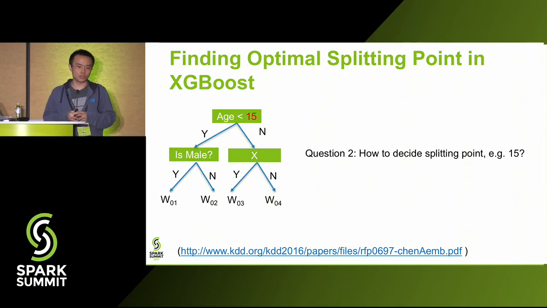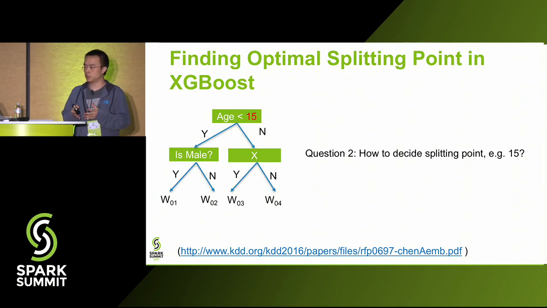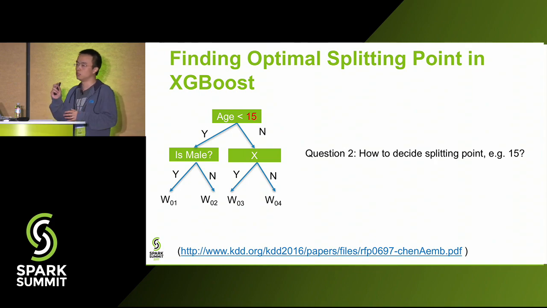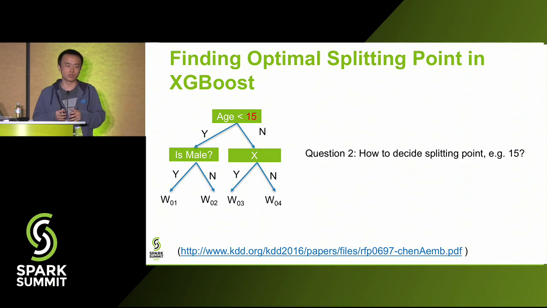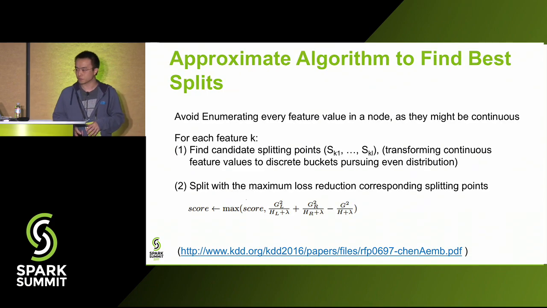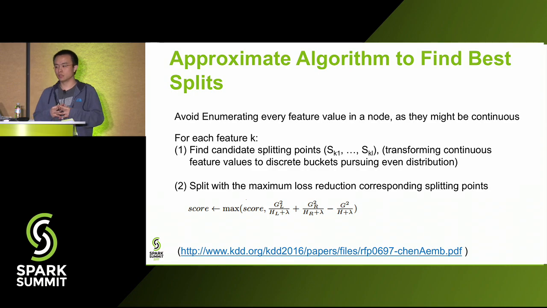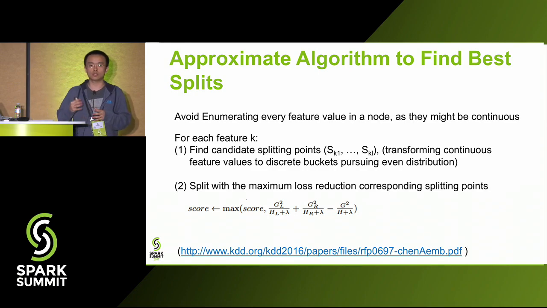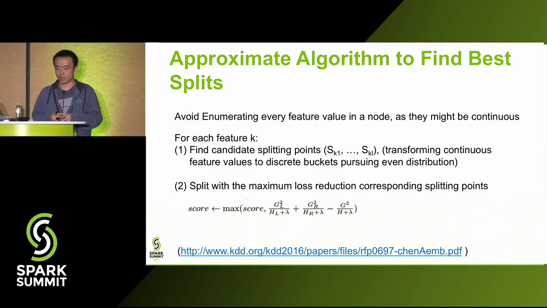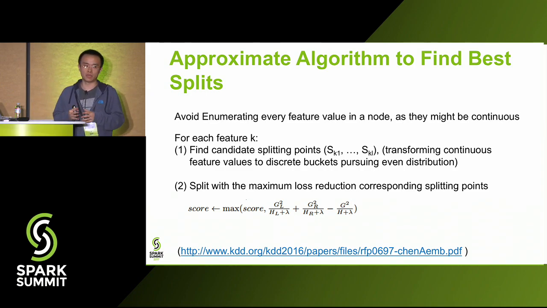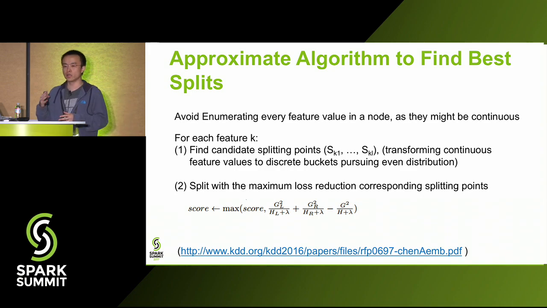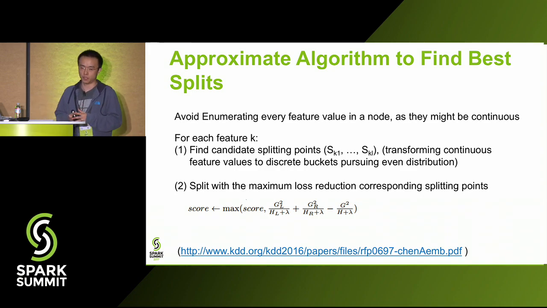And the second question to design the tree structure is how to decide the best splitting point for a specific node in this tree structure. For example, here, why do we want to separate the root node at 15? The idea is that since each node will associate with a lot of training samples, and for each feature, these samples may present some continuous values, we want to avoid enumerating each value to find the best split.